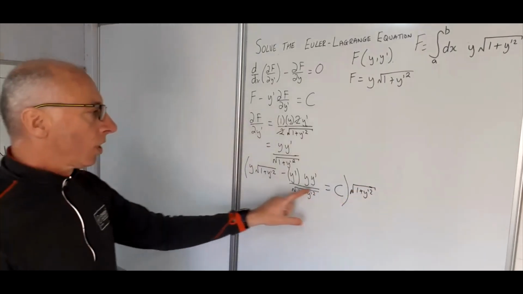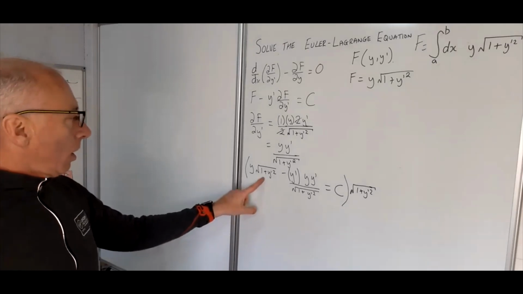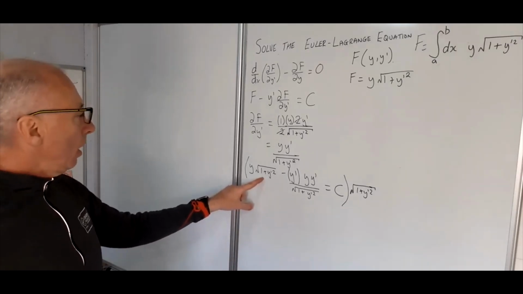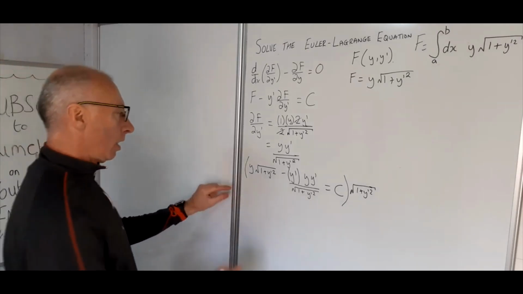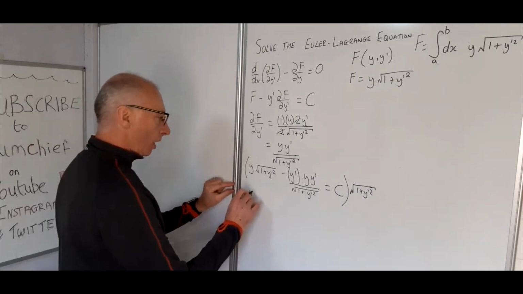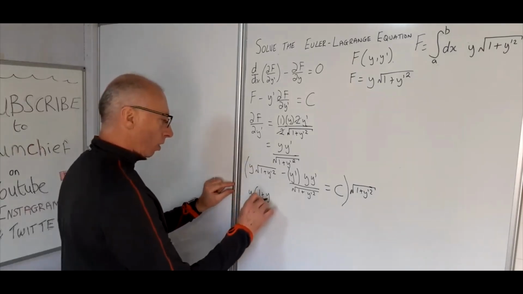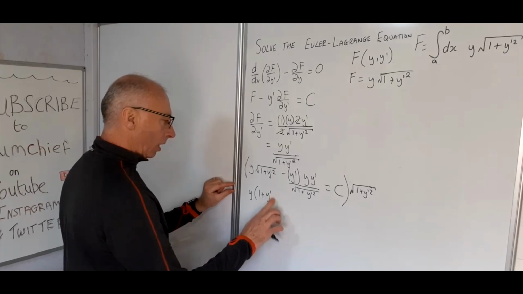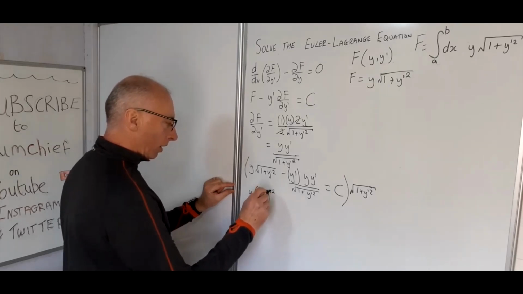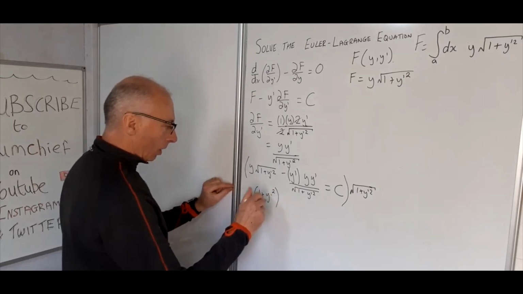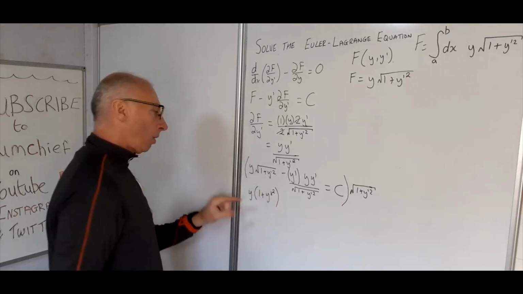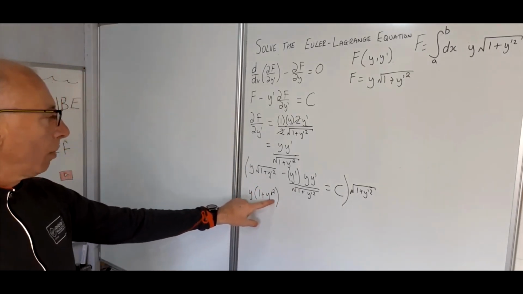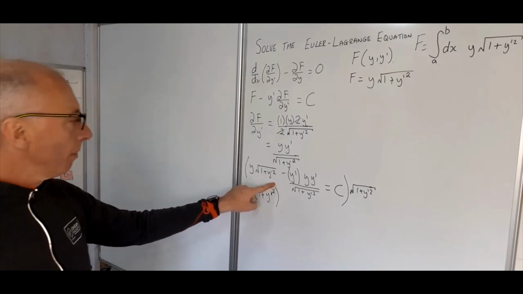Let's multiply every term by that. Multiplying this term here, the square root will just disappear. So we'll end up with y times 1 plus y prime squared, and I must remember to keep writing that 2 up in the top there. Okay, 1 plus y prime squared, so that takes care of this term.